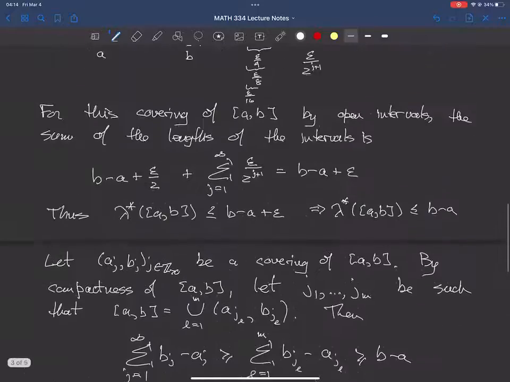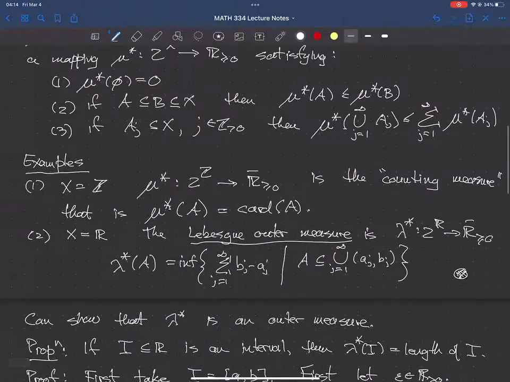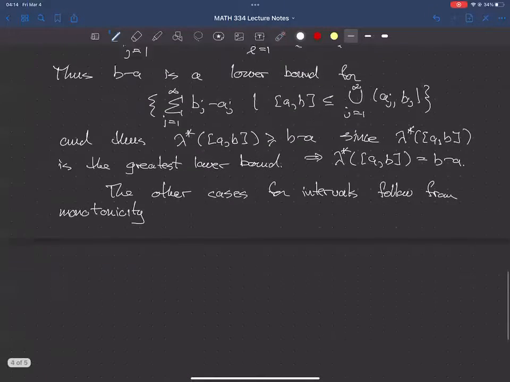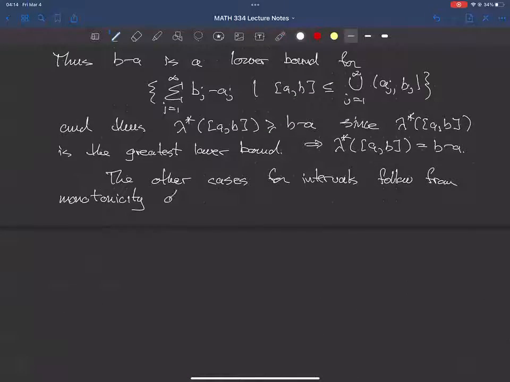Monotonicity of the outer measure is this property. From monotonicity of lambda star, let's sketch how that goes.